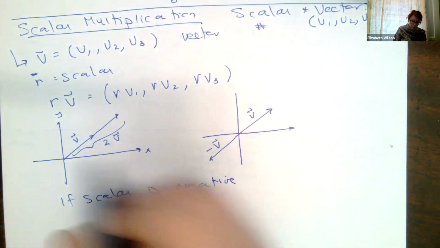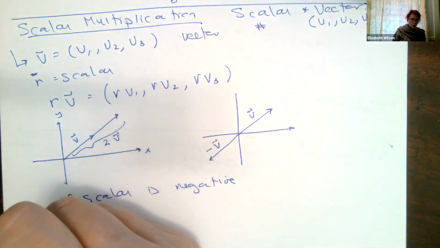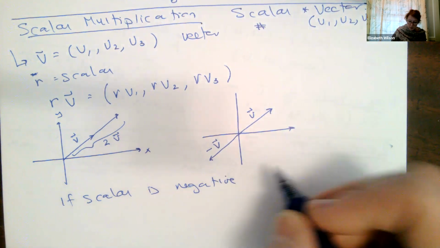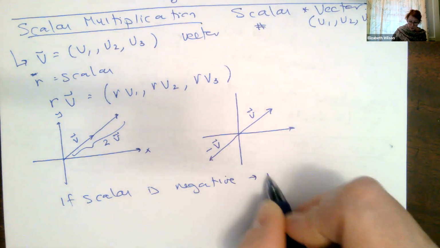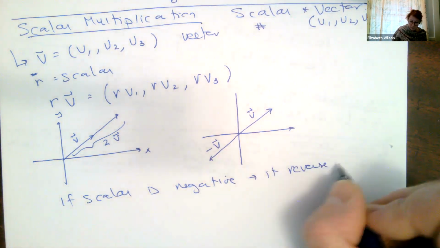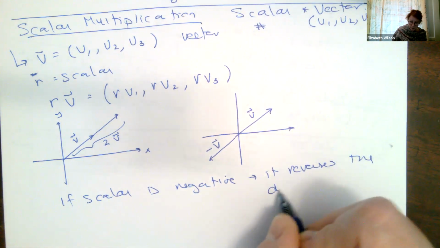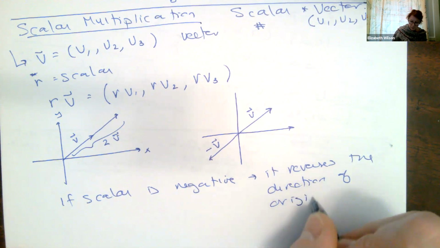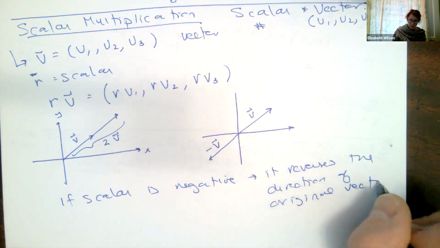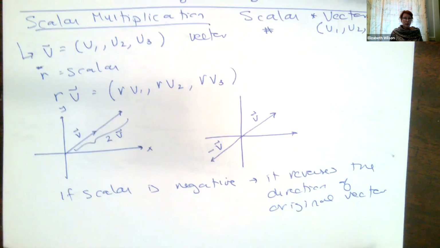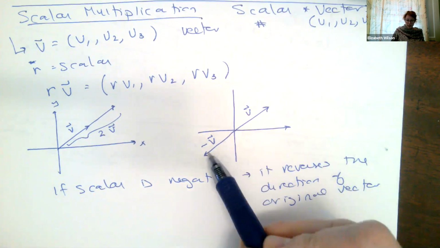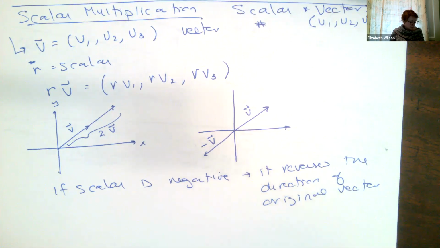You can imagine if I did minus 2v, I'd have one that was twice as long as my original, but now pointing in the opposite direction. So if the scalar is negative, it reverses the direction of the original vector. If it's negative and has a number, like minus 3, it's going to reverse direction and extend its length.